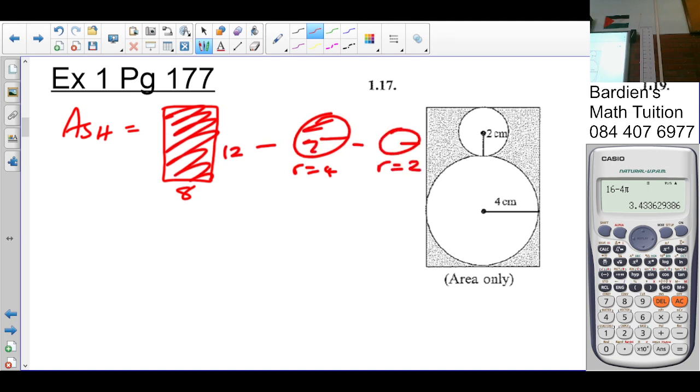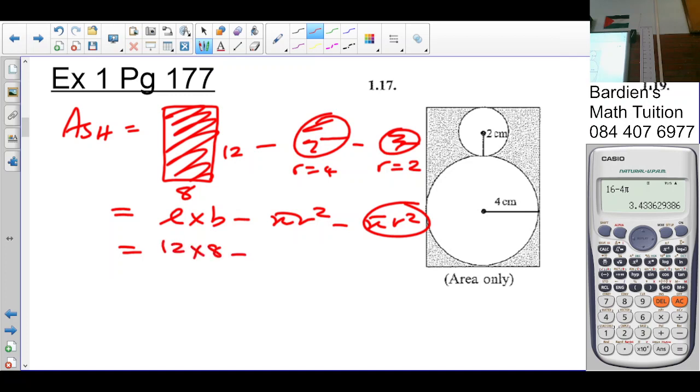How do you calculate the area of a rectangle? Length times breadth. Minus pi r squared minus again pi r squared. Not so, but it's a different radius. You can't cancel those two. So it's going to be 12 times 8 minus pi. What's the length of the radius? 4 squared minus pi 2 squared.